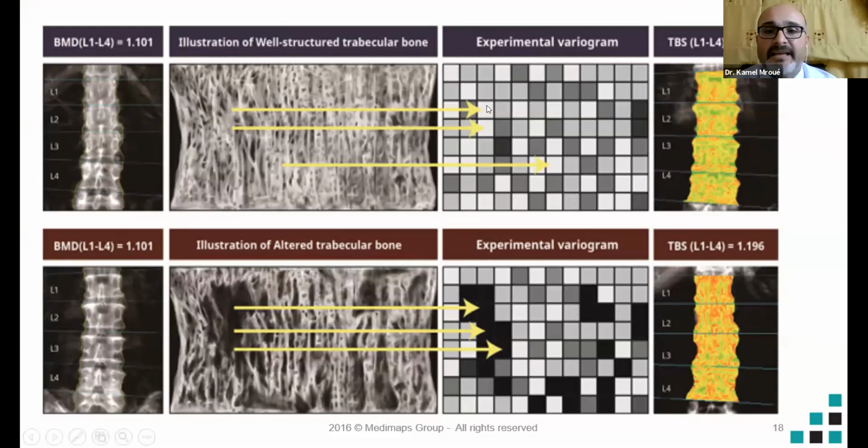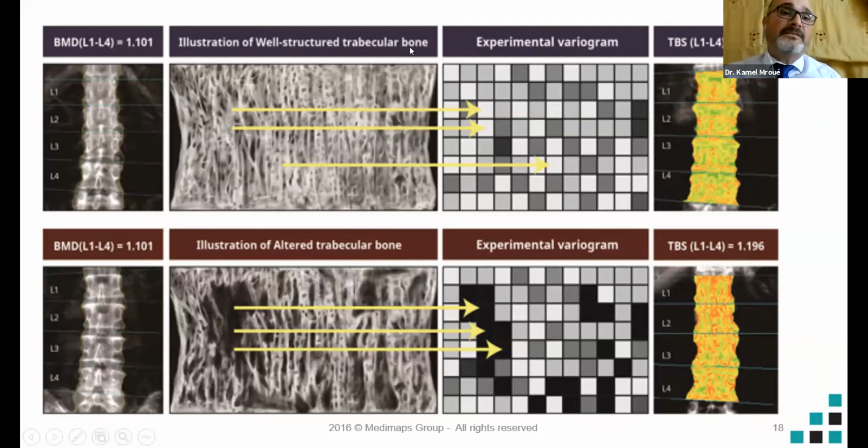This will be translated to a better bone quality in the upper one and less bone quality in the lower one, leading to a higher TBS up and a lower TBS below. So we may have the same amount of bone in two different areas, but the bone is scattered differently, leading to different quality of bone.